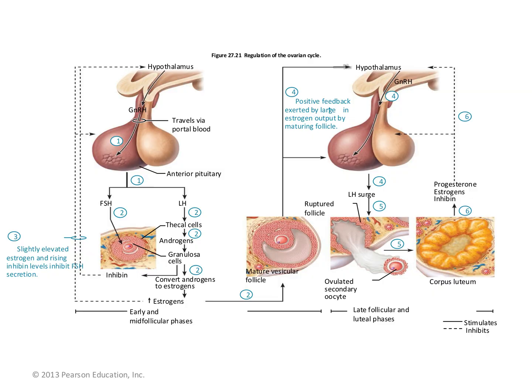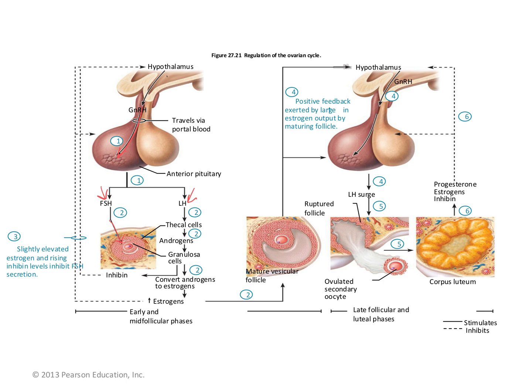So let's look at this first feedback loop in a little bit more detail. So our hypothalamus releases GnRH, which stimulates the anterior pituitary to release FSH and LH. FSH stimulates follicular growth. LH causes the growth of thecal cells.